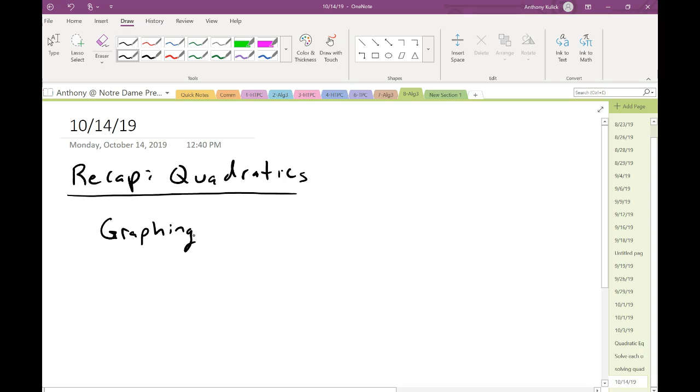So the first thing we did was talk about graphing. We talked about how to graph in 3 different forms. We talked about graphing when things were in vertex form. In order to graph any quadratic, I needed to find the vertex.